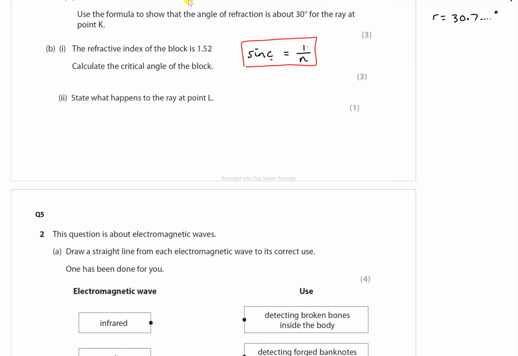That's just 1. n is sine i divided by sine r. We know those two, so we do sine... well, they've given us that.